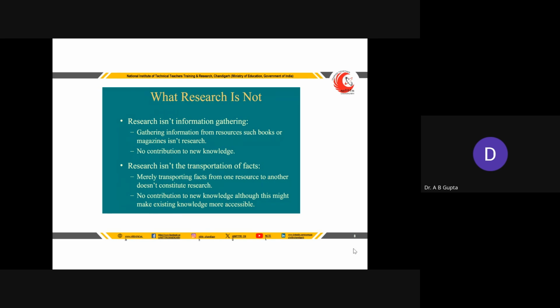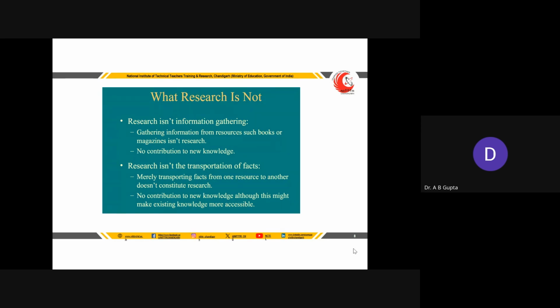Research is not simply information gathering. If you are doing only one activity, just collecting information, that is not research. Maybe you have certain books, certain magazines, and you are just gathering information.